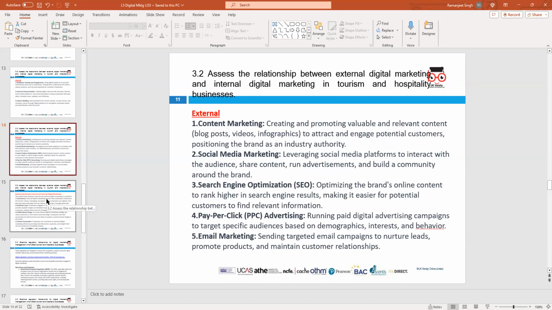And combined with the internal and external, we want to make sure about the relationship between internal and external marketing.